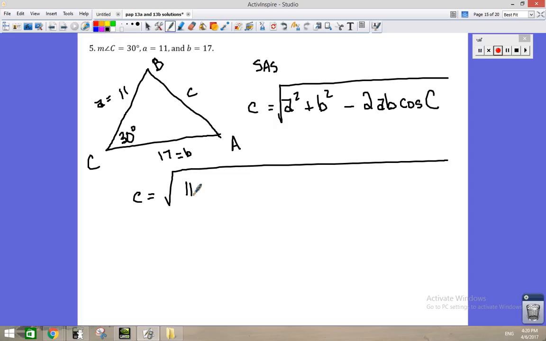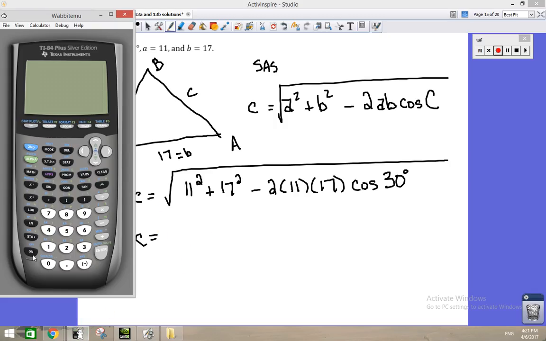I've got 11 squared plus 17 squared minus 2 times 11 times 17, and that included angle was 30. I know the cosine of 30 is radical 3 over 2, but I'm still going to use a calculator to get this value. So let's jump in.